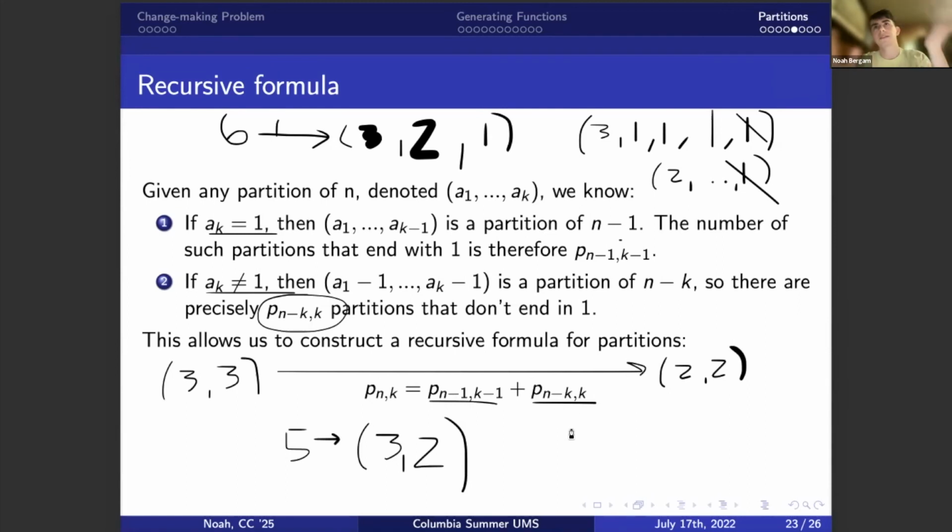And as you might realize, you can use this to then generate p(n), right? Because we know that p(n) is the sum of p(n, k) over k. Oh, this is not the best marker, right? It's because we sum over the k's.